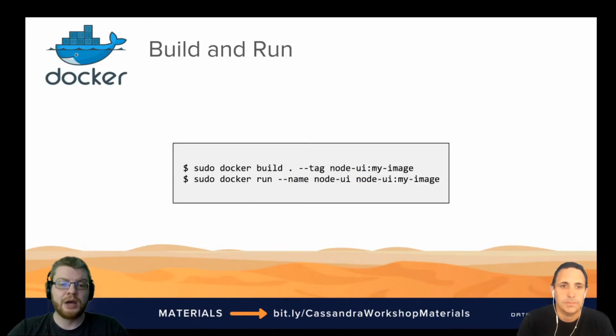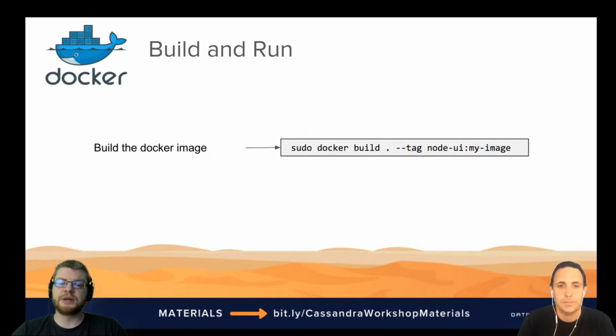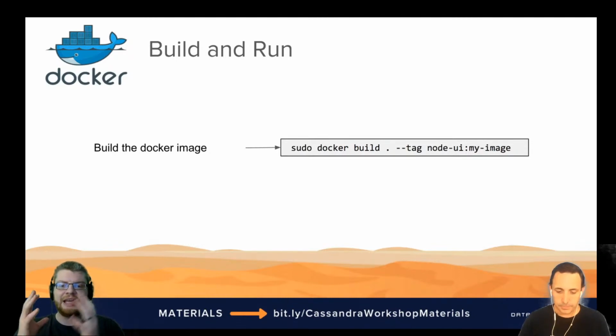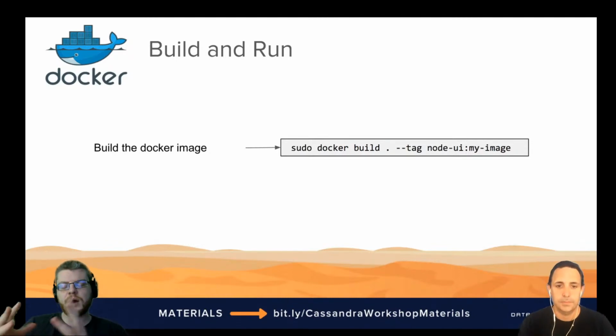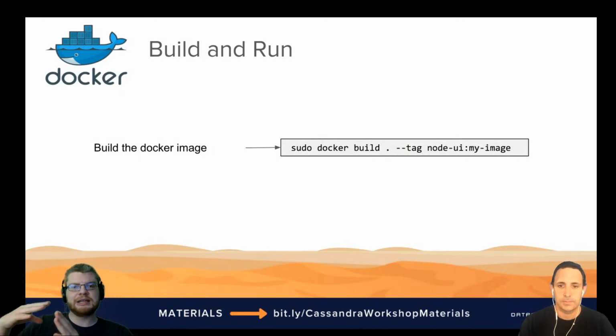Okay, how do we do that? Well, it's quite simple. We run a sudo docker build, and what that does is take that Docker file and create an image. And that image, if you remember, we mentioned this before, is a template. It's an instruction set that can be consumed to create a container.